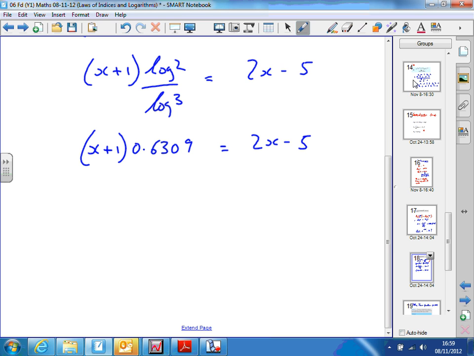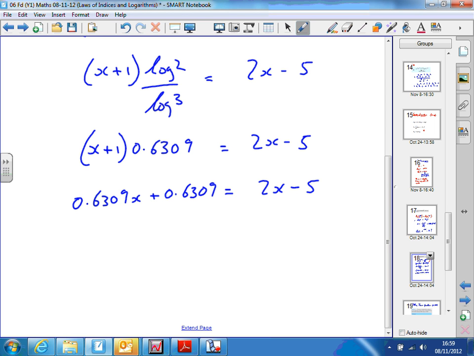Now I can multiply out the brackets, and now we can see how easy it is to multiply it out. So I get 0.6309x plus 0.6309 equals 2x minus 5. And now we've got a linear equation to solve.